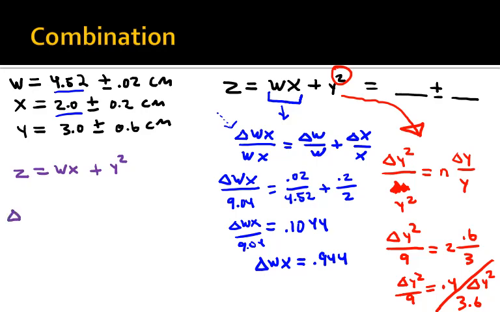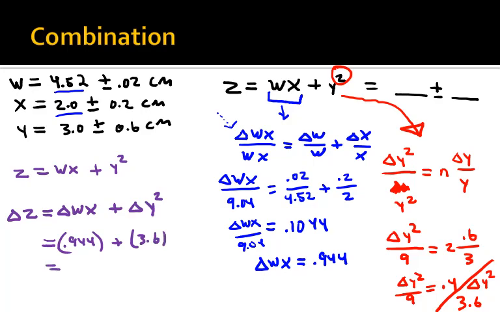In this case, the uncertainty in Z is going to be the uncertainty in Wx plus the uncertainty of Y squared. We've got the uncertainty in Wx, which is 0.944, plus the uncertainty in Y squared, which is 3.6.